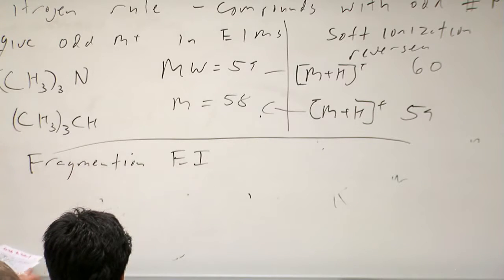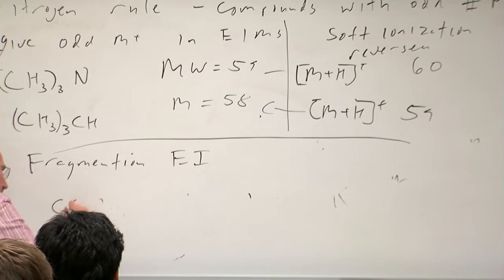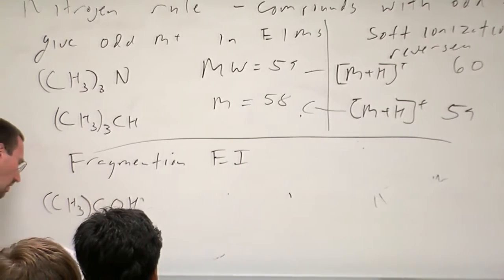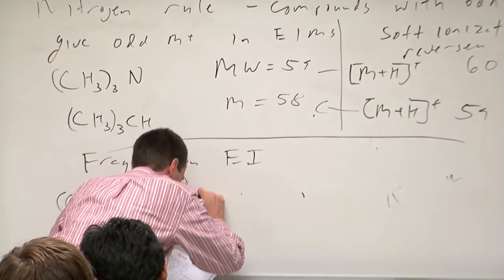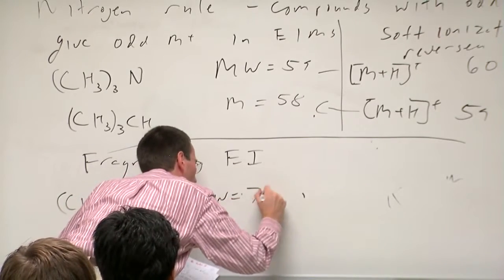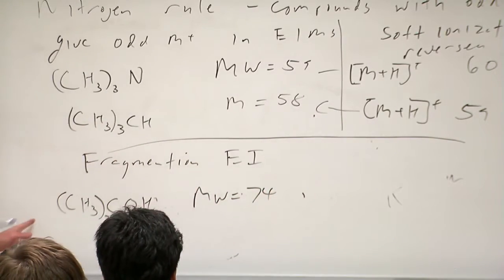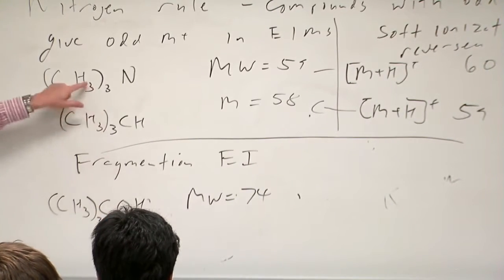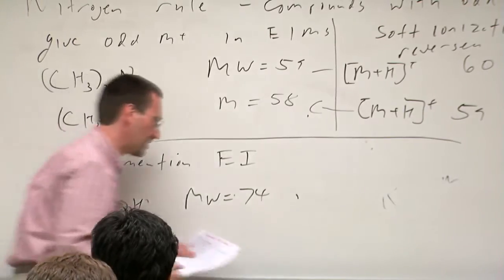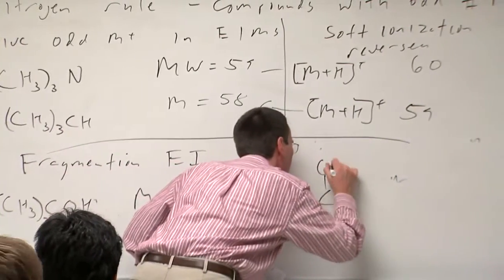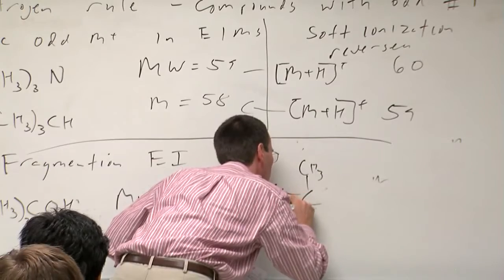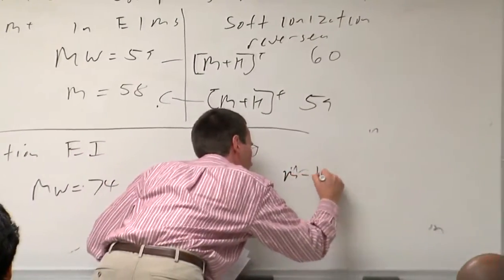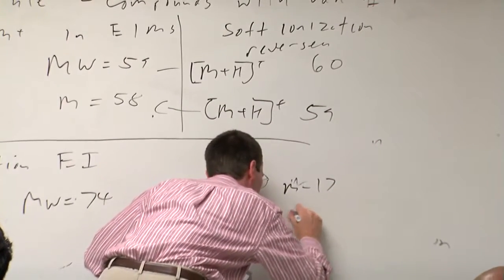So for example, tert-butanol has a molecular weight of 74, but you're often not going to see the tert-butanol. You'll often see a tert-butyl carbocation in the EI mass spec. That's M minus 17, that's 57.